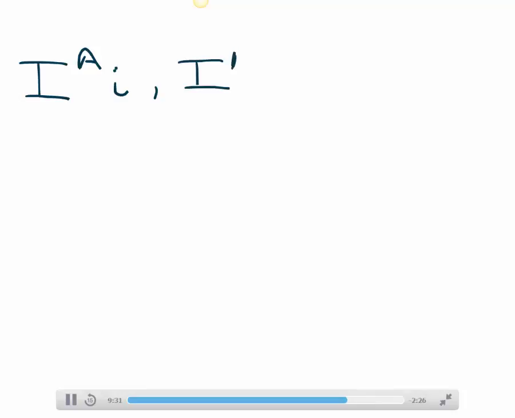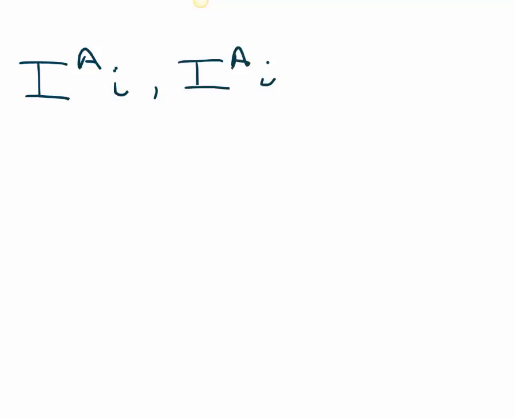Our last example on page 3 talks about two parents that are heterozygous for type A blood. So what that looks like is we have a parent that is I^A little i, so both parents are going to be I^A little i.